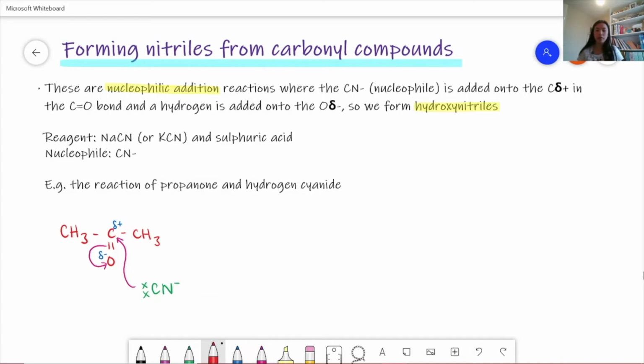So what we form is CH3, and then we've got a carbon and an oxygen, and now we have a spare pair of electrons on this oxygen. So this oxygen is now negatively charged. And then we also have the cyanide and a CH3 group now attached. And now we have a H+ from the acid, the sulfuric acid. So H+ attacks, and this is from the solvent.